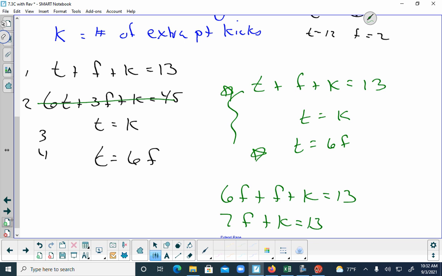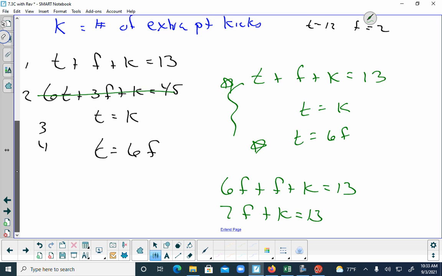So then. Oh, yeah. K equals T and T equals 6F. So you can substitute in 6F for K. Isn't that how that works? Say that again. So K equals T and T equals 6F. So you can substitute 6F.